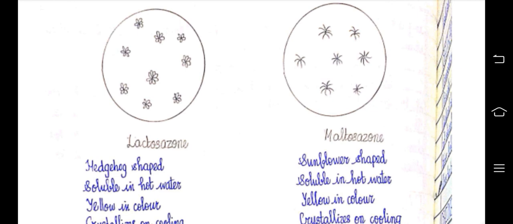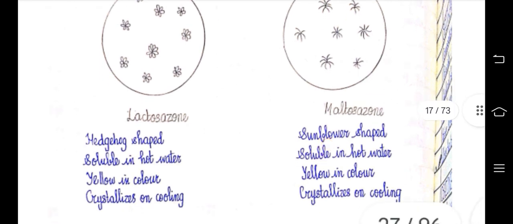So remember that. Same is the case with maltose osazone, which is sunflower shaped. The shape is different, not hedgehog shaped, it's a sunflower shaped one. Then yellow in color, soluble in hot water, crystallizes on cooling.